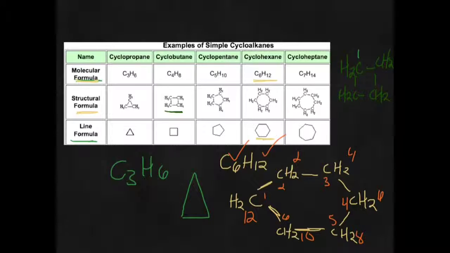We have 1, 2, 3, 4 carbons. So that we know that that's going to be but-. So we can write butane, and then we have to make sure that we're correct. We count how many hydrogens we have. So we have 2 over here. Another 2 makes 4. This makes 6. This makes 8. So we know that that is right, and that it does equal butane. And we just write the cyclo part in front of it.